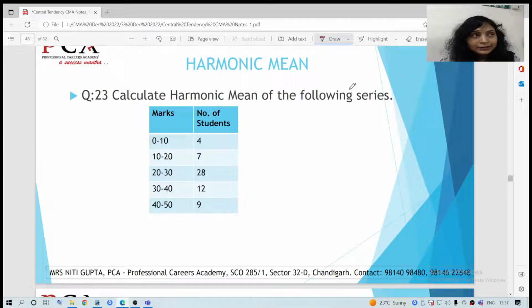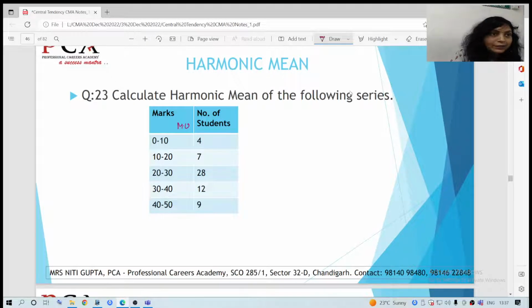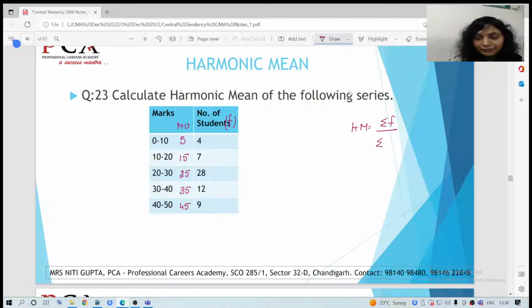Now third one, this is continuous series. So in case of continuous series, first we have to compute mid value. So mid value of this series is 5, 15, 25, 35 and 45. So this is number of students, that means this is a frequency. So formula for harmonic mean in case of continuous series is summation f upon summation f upon m.